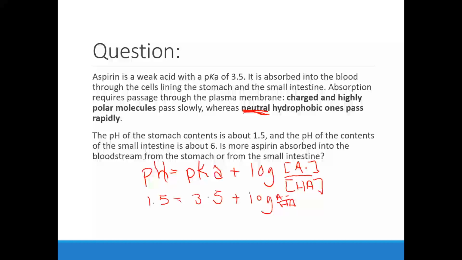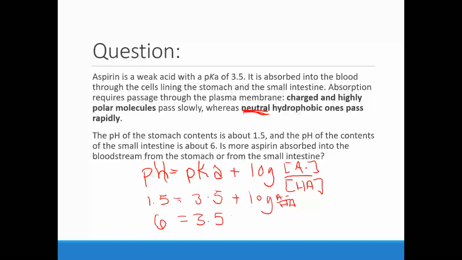Now, in the small intestine, we have 6 as our pH, and the pKa is the same. And we'll see how that environment affects this ratio of the conjugate base and the acid.